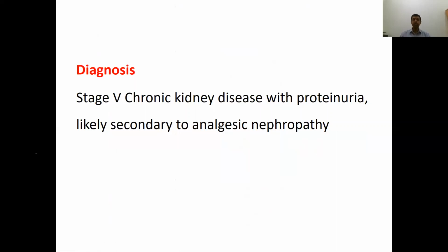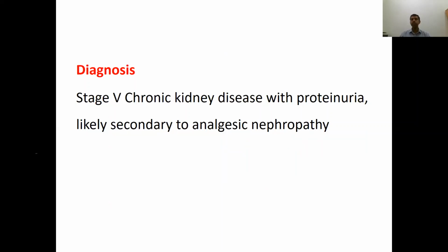So in our patient, if we go back, we have established that this patient has CKD because he's had high creatinine. He's had a lot of other changes of CKD with ultrasound and urinary abnormalities. So this is definitely CKD. His GFR is low and he fulfills the criteria to fall into stage 5 chronic kidney disease.